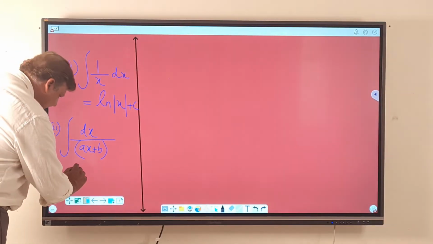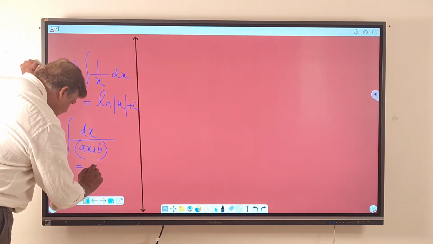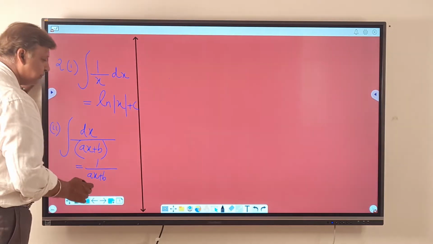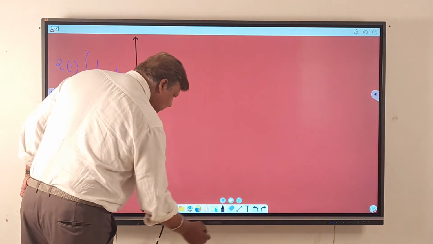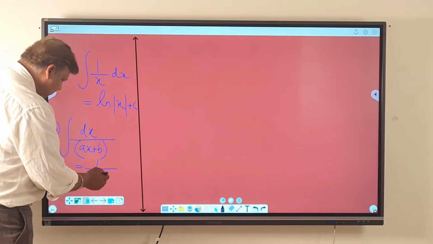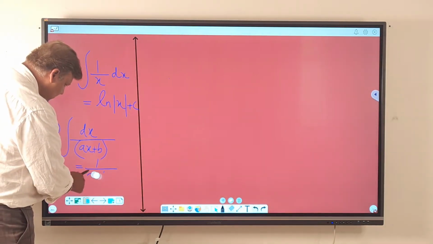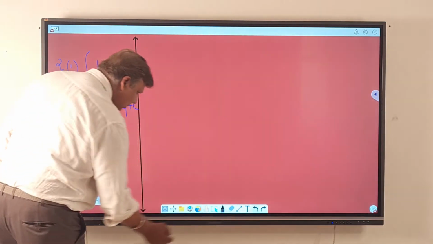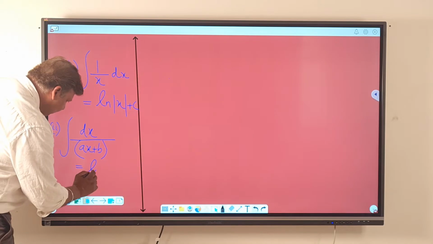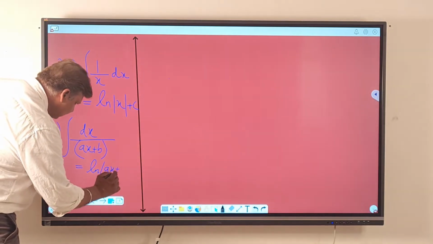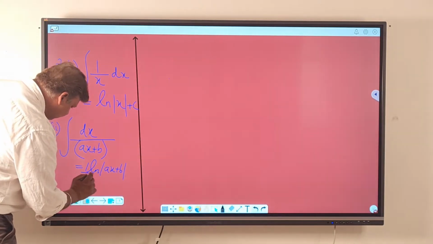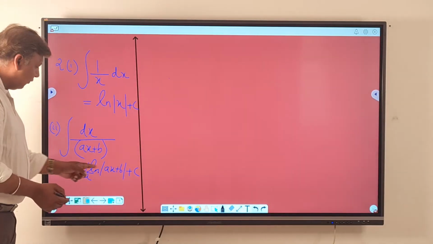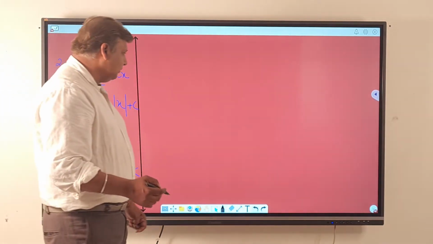So this would be the integral of 1 upon ax plus b, which is ln of ax plus b divided by a, plus c. You should count a as the coefficient of x. That's all, the only thing you will say.